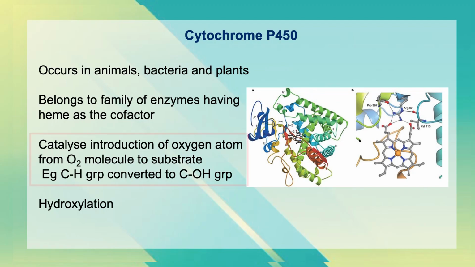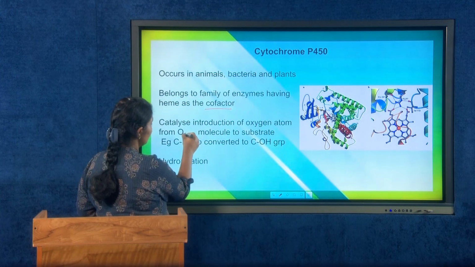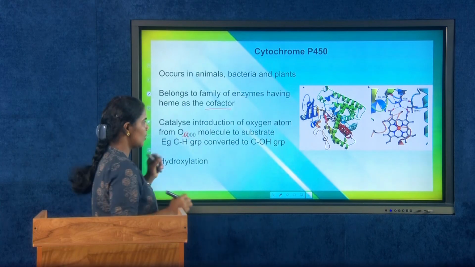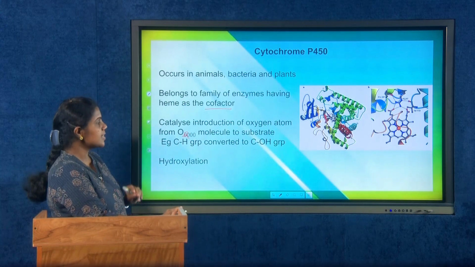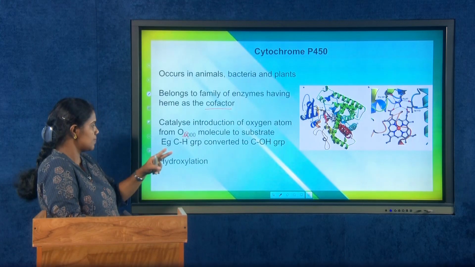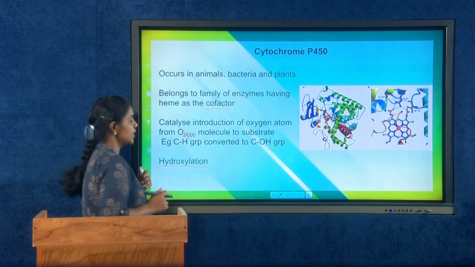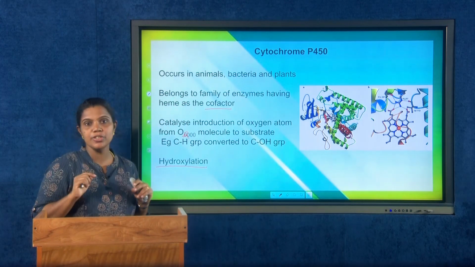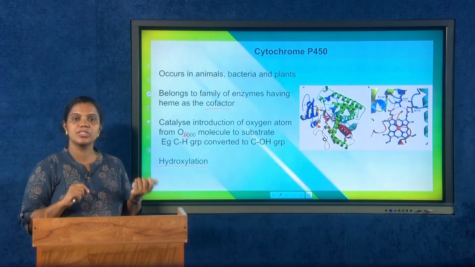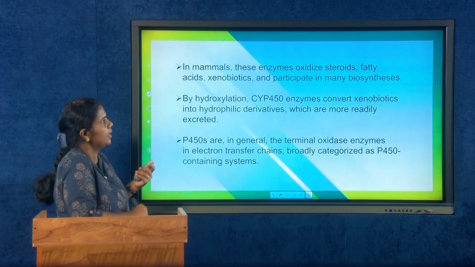It catalyzes the introduction of an oxygen atom from an oxygen molecule, O2, to the substrate, or we can simply say it catalyzes the hydroxylation process. So, that is the function of cytochrome P450.